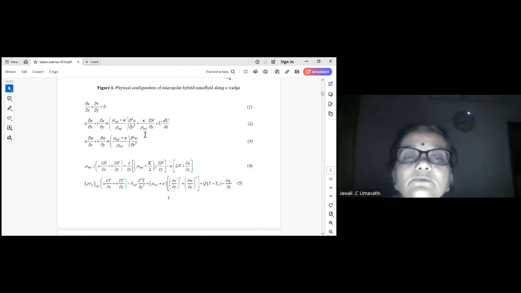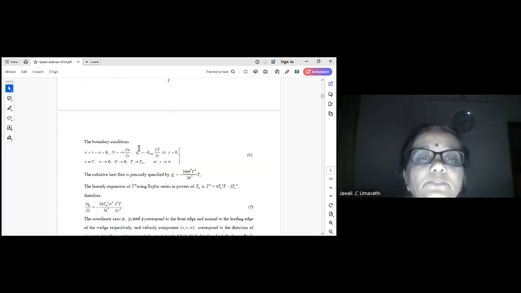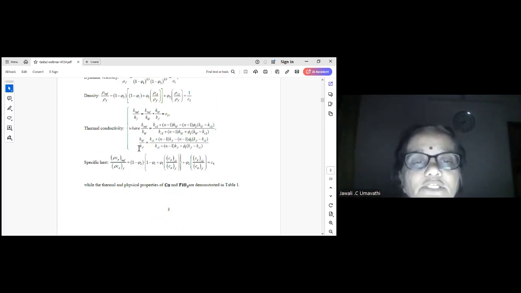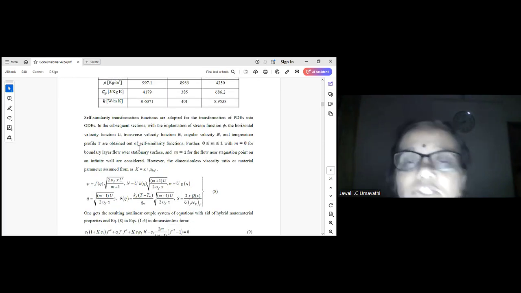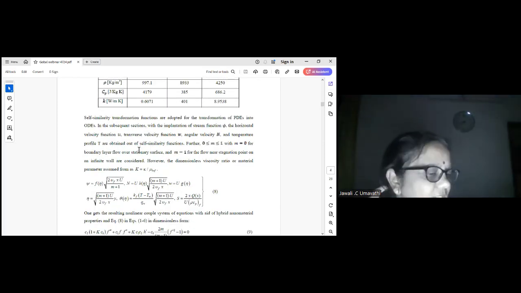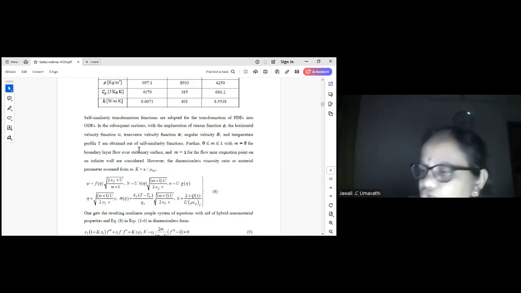So you cannot imagine that you can find an exact solution for such types of equations. What we are going to do is take the help of numerical methods. So what is the process of finding numerical solutions? There are many ways of finding numerical solutions.